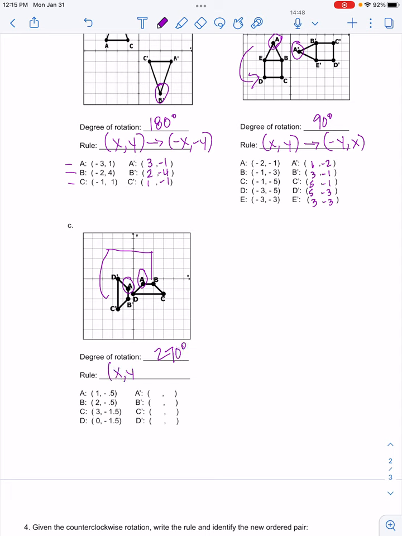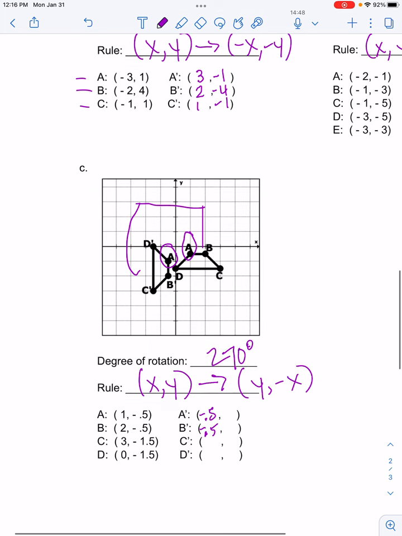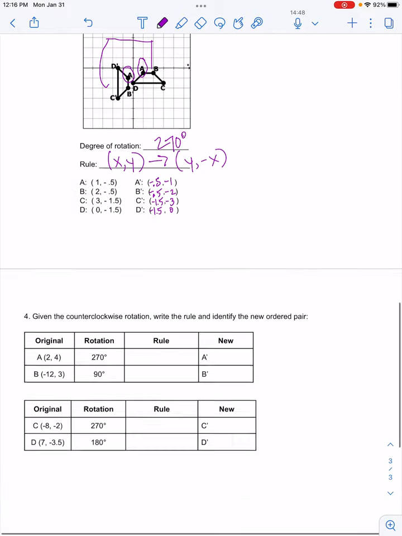And the rule, which we wrote above, for a counterclockwise rotation of 270 degrees, the Y number is going to switch, careful, this is a decimal, to the X position, but it's going to keep its sign. The X number is going to switch as well, but it's going to change to the opposite. And you can check and make sure those new coordinate points are correct.